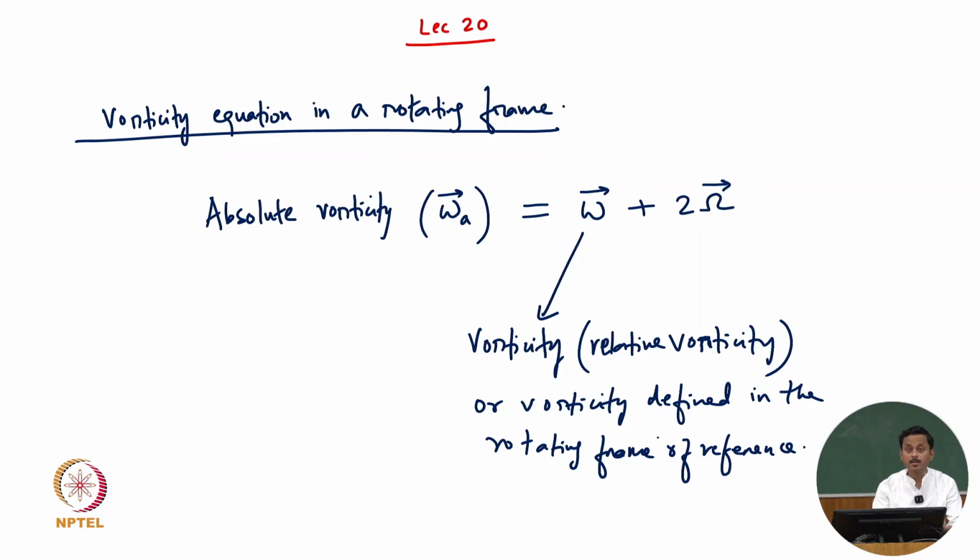For example, there is a vortex in front of you. Let's say there is a vortex in an ocean or a vortex in a bathtub that you are going to measure. So we are in a rotating frame of reference, and anything that we measure is relative to that rotating frame of reference, because we as the observer are also rotating with Earth. So this is the relative vorticity that we measure, and omega is the angular velocity of the frame of reference.